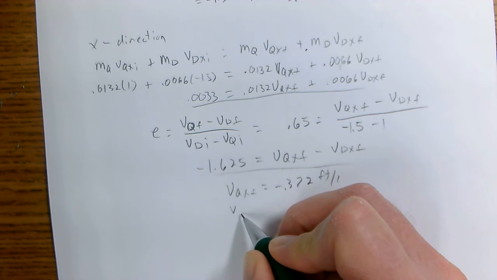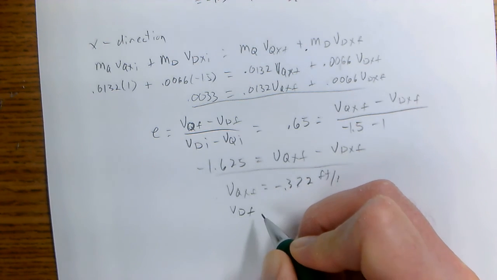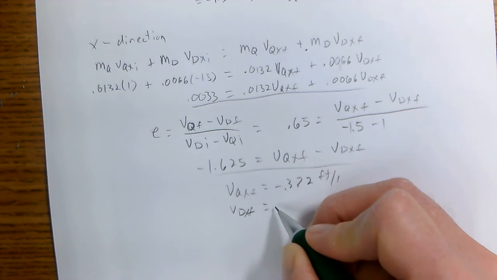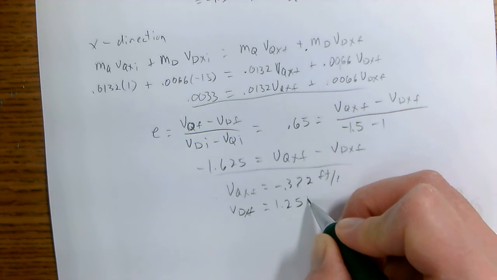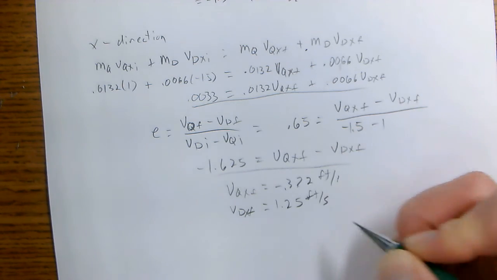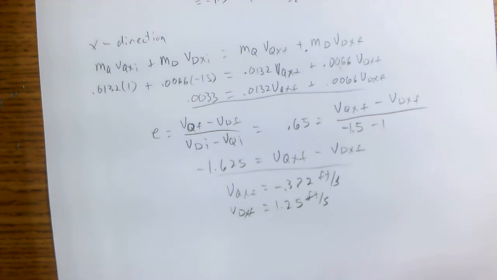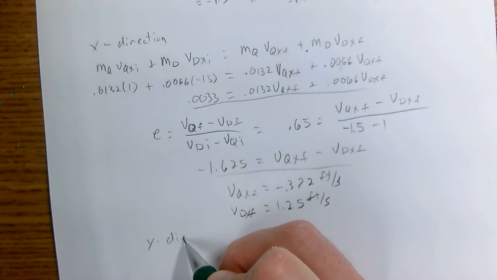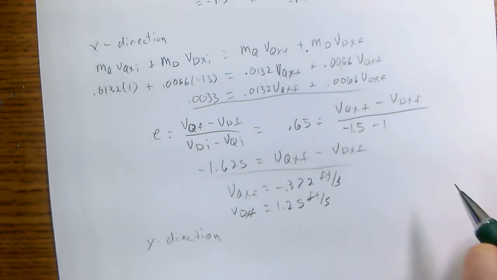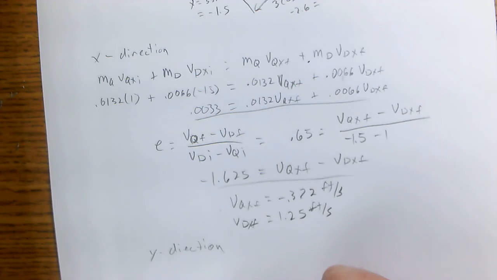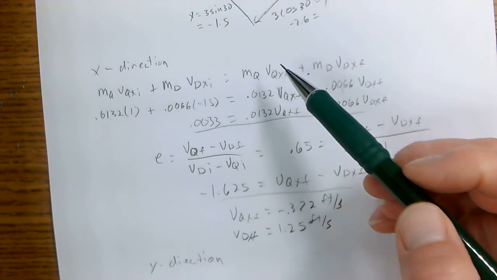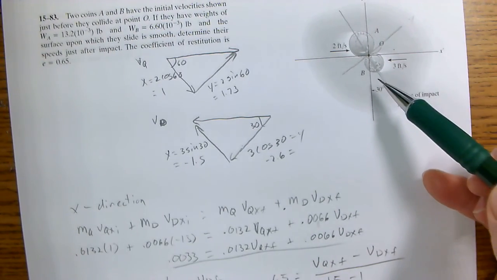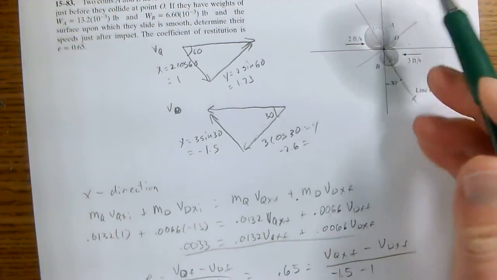And the velocity of the dime final in the x equals 1.25 feet per second. Now in the y direction, the velocities of the two are unchanged because, as we said, the force in the y direction is 0. So the impulse is 0.